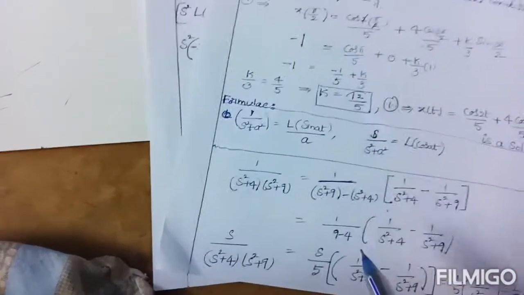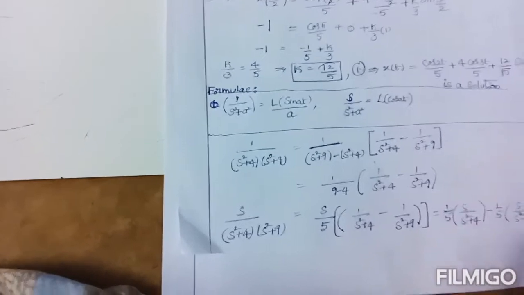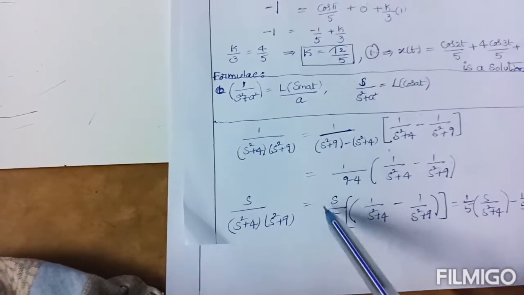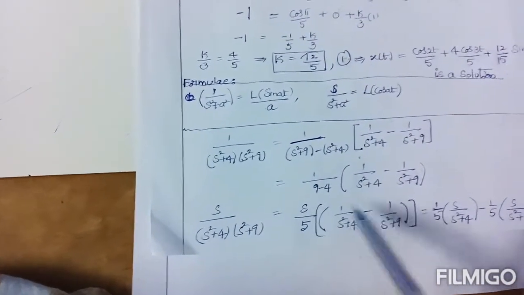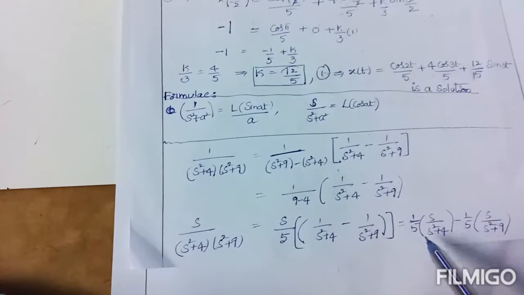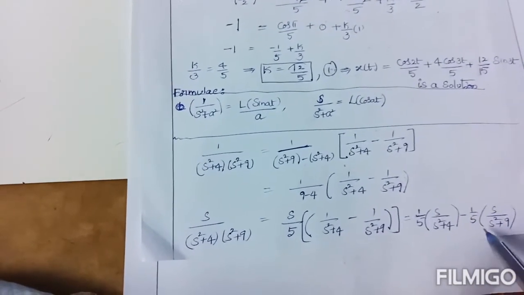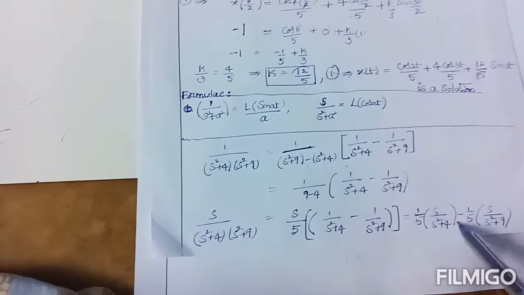This is as it is. After that, the given function is s by, now I added s here on both sides, s by 5, 1 by s square plus 4. Now you can enter s into the bracket: 1 by 5, s by s square plus 4, minus 1 by 5, s by s square plus 9. Now these two are in the standard formula form of the Laplace transform.